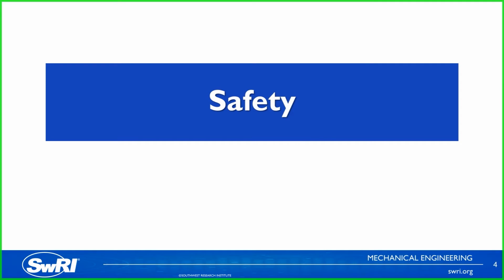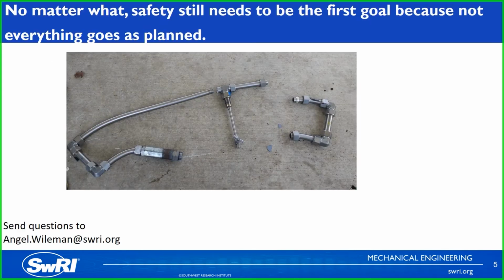So the first thing we're going to talk about is safety when testing your prototype, especially for the first time. I showed this picture in the first slide, but this occurred on the waste heat engine project. This was a pretty catastrophic failure that occurred when a swaged union pulled through its swage while it was under pressure.